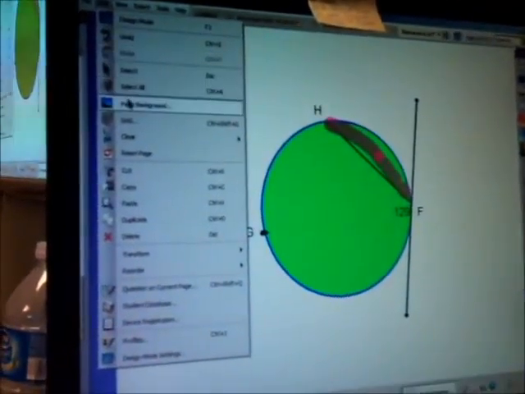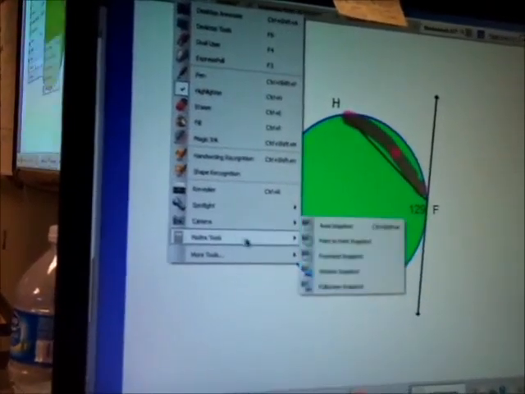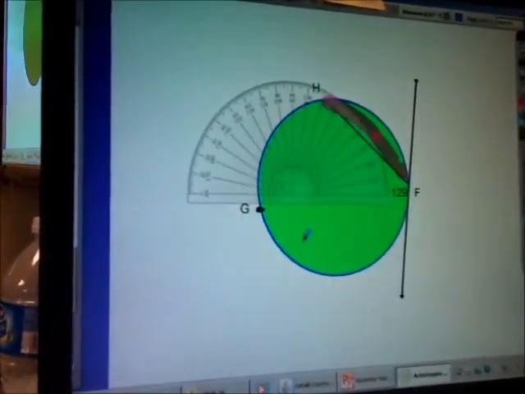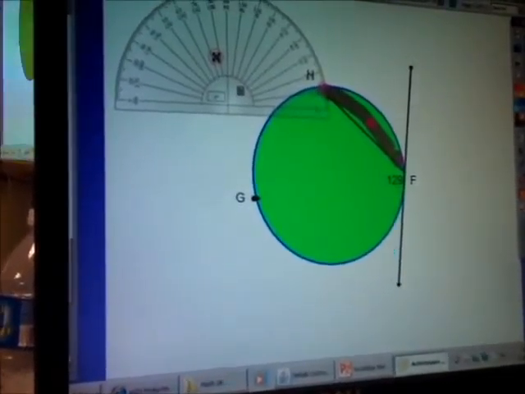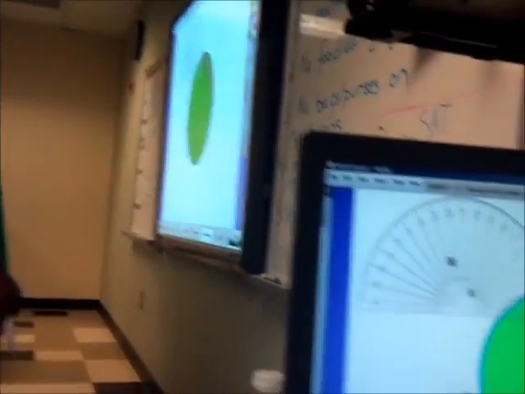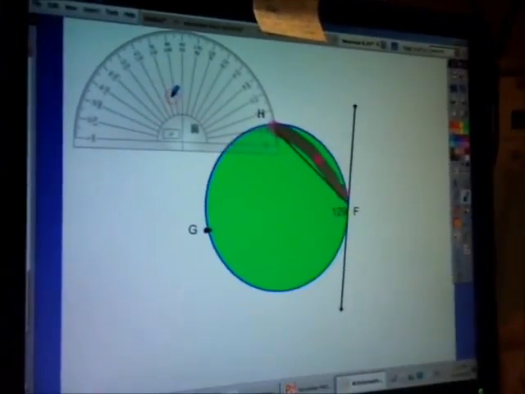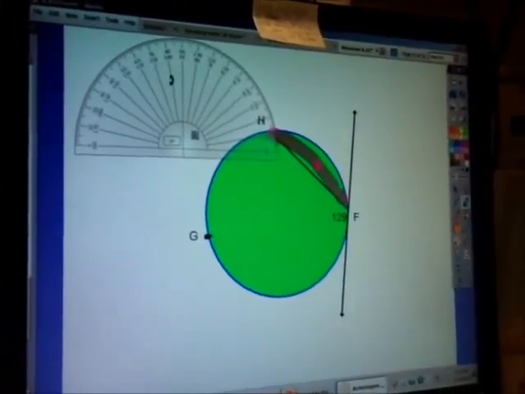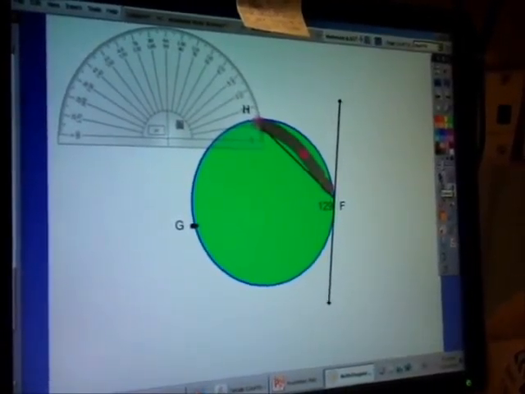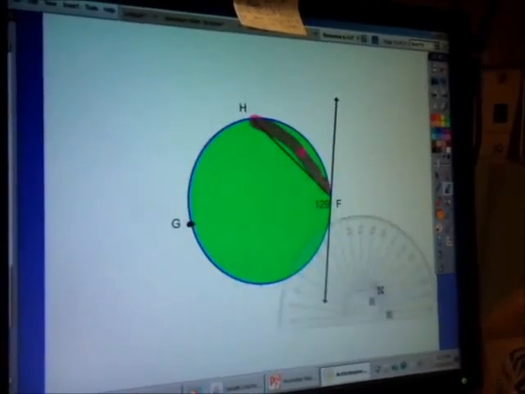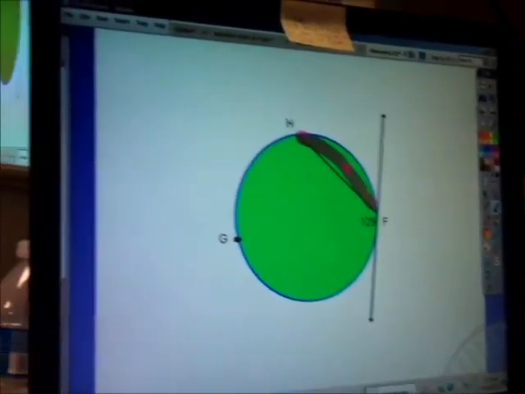Okay, let me see if I can pull up the protractor. Right, it's 180 degrees. Oh, let me move this out of the way. Okay.